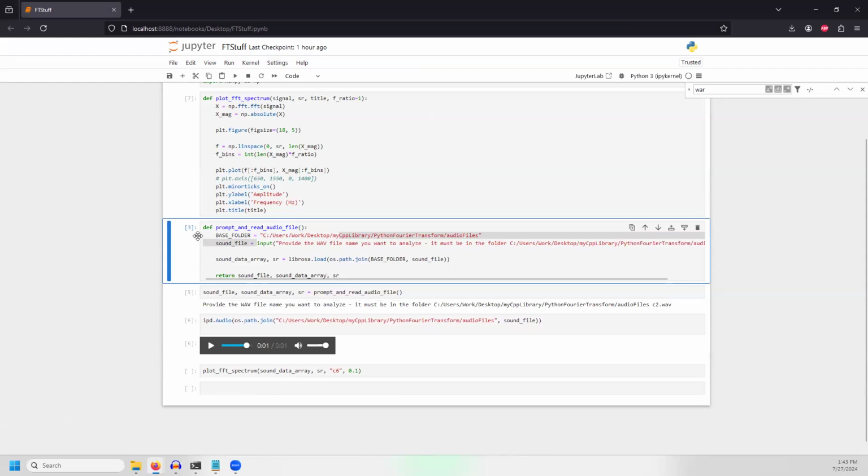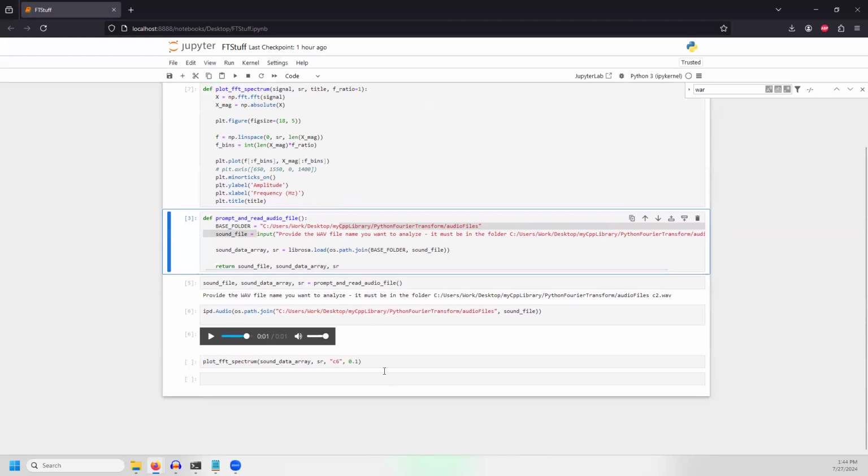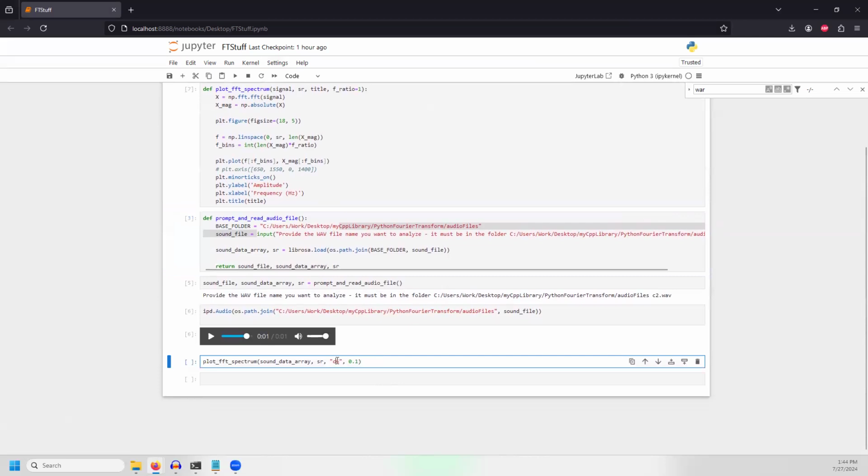You see the order of execution is indicated here, 3 and 7. This was executed third, this was executed fifth, sixth, and seventh, which I've already mentioned is why I am using a Jupyter notebook rather than a Python file. So this will be C2, the title of this thing.